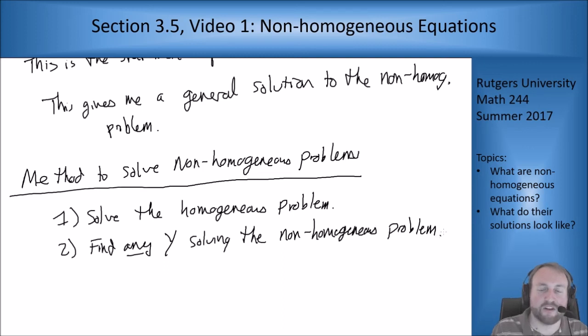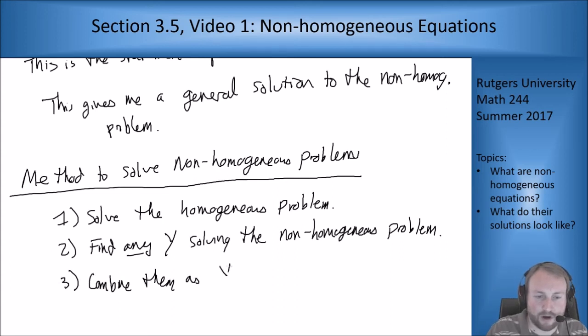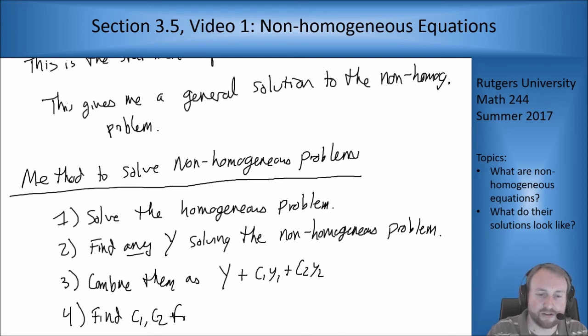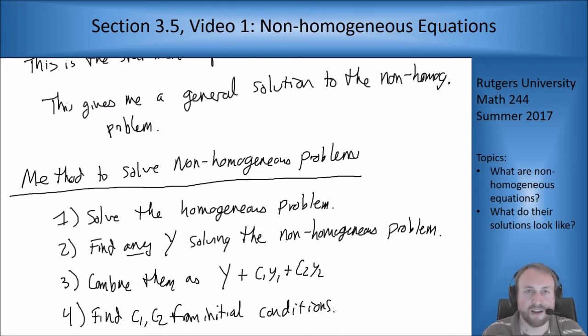In future videos, we'll get into methods on how to do this. And then step 3 is combine them as Y plus c1y1 plus c2y2. And then step 4, find c1 and c2 from initial conditions. And that's the general process for solving these types of problems.